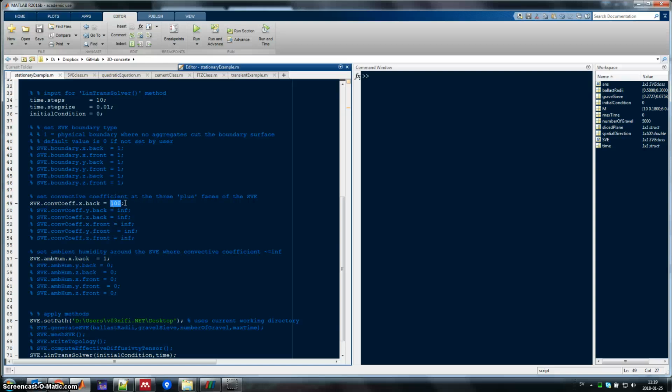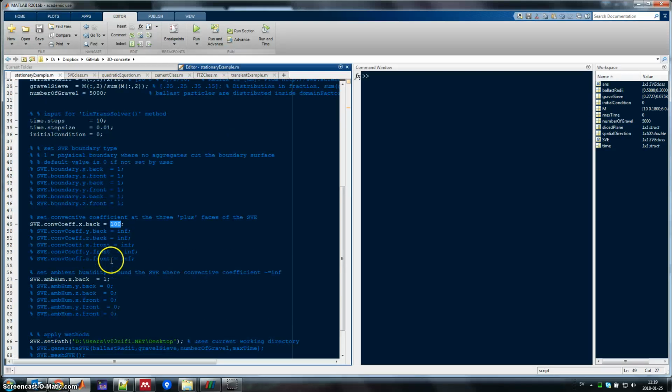So this is something that you ultimately would have to determine experimentally, because this influences how easy it is for the flux to penetrate through the surface, you could say. And I set the initial condition to 0, so inside the SV, everything is just 0, and the surrounding is just equal to unity 1.